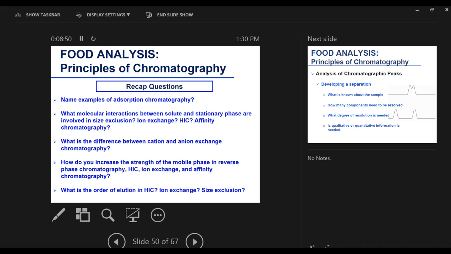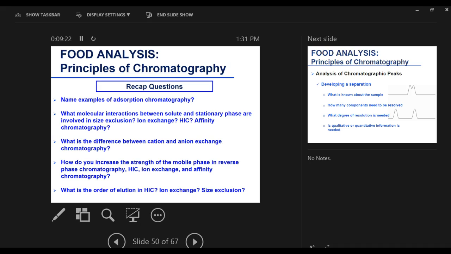What else do we have? Ion exchange. Changing the pH. You can either increase the pH or decrease the pH depending on whether it's anion exchange or cation exchange. Another way of changing the strength is to increase the salt concentration. In affinity chromatography, that is very specific.